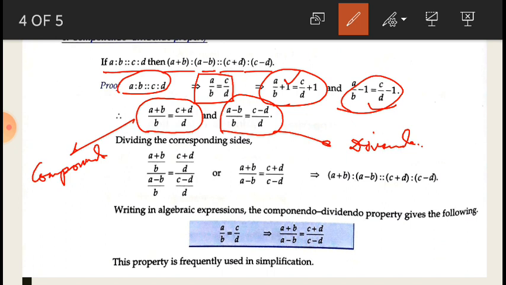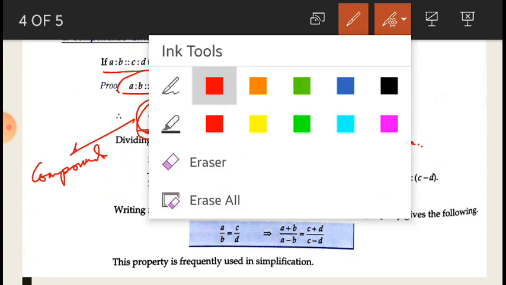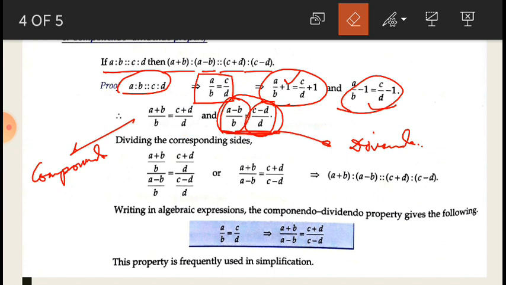Now we have these two things, and we just divide the corresponding sides, this by this and that by that, and we will reach our result. Let's see how it works: a plus b divided by b and c plus d divided by d, and a minus b divided by b, c minus d divided by d.